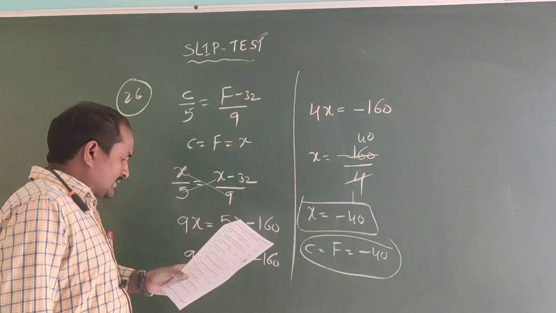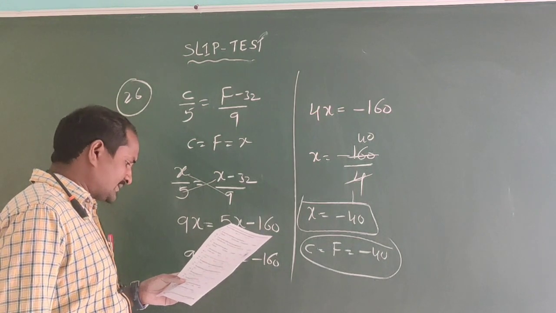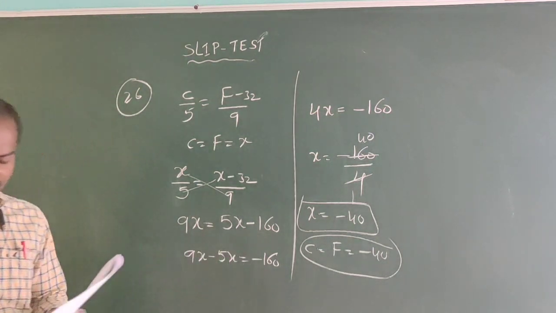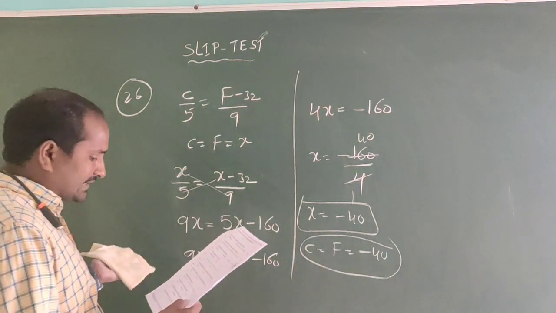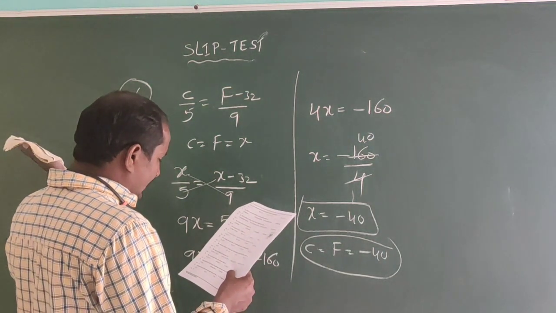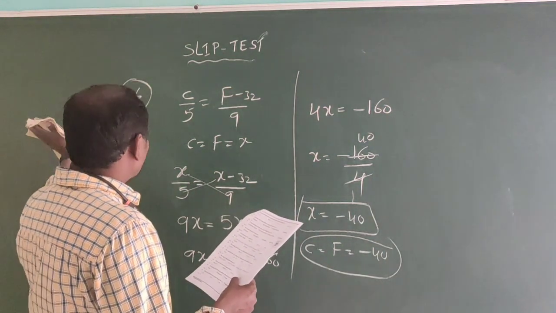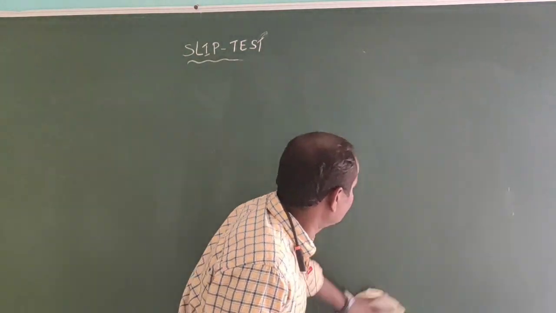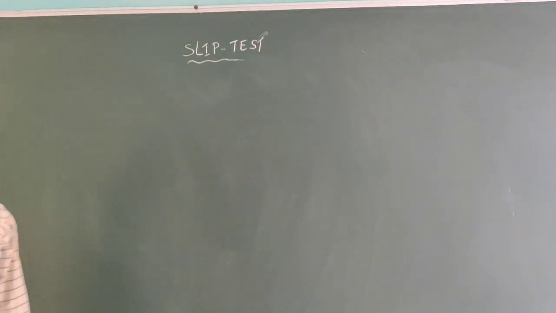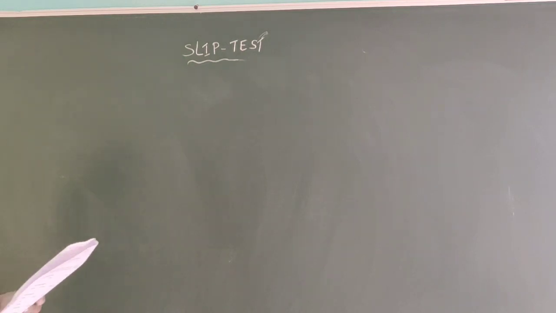Next one, the range of a clinical thermometer is, in Celsius, 35 degrees Celsius to 45, and in Fahrenheit 95 degrees Fahrenheit to 110 degrees Fahrenheit.